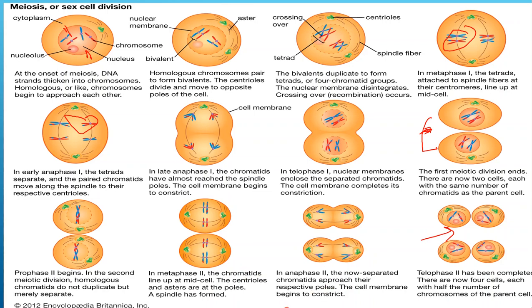Here you can see we initially have these 8 arms, 2 arms per chromosome. Then it will be divided into these 4 daughter cells.